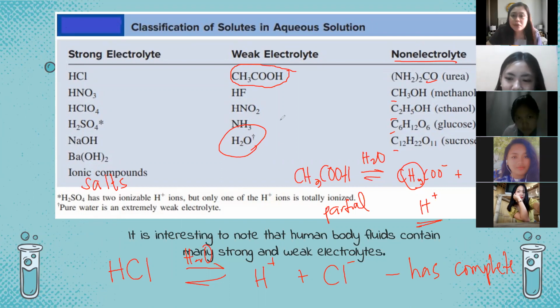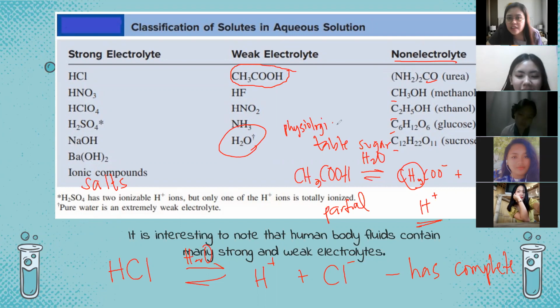The same thing with the glucose. This is what we call our table sugar. Our glucose is our physiological sugar.